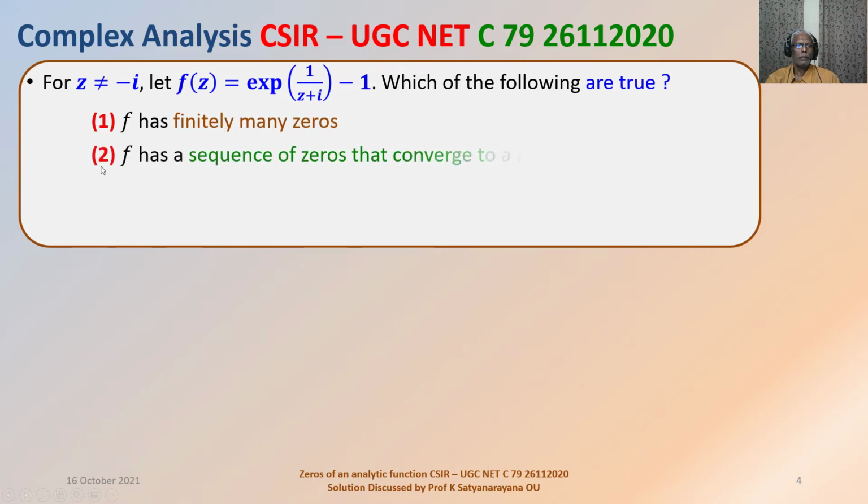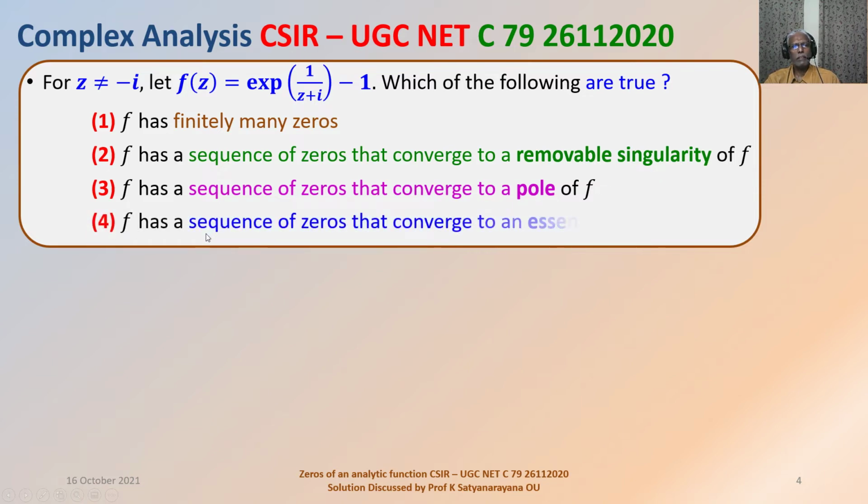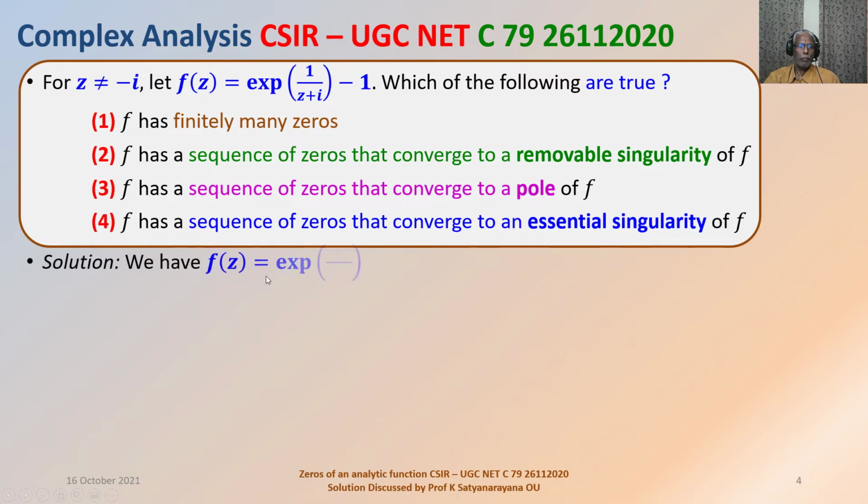Option 2, f has a sequence of zeros that converge to a removable singularity of f. Option 3, f has a sequence of zeros that converge to a pole of f. Option 4, f has a sequence of zeros that converge to an essential singularity of f.